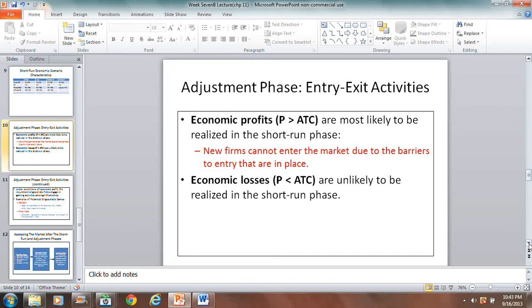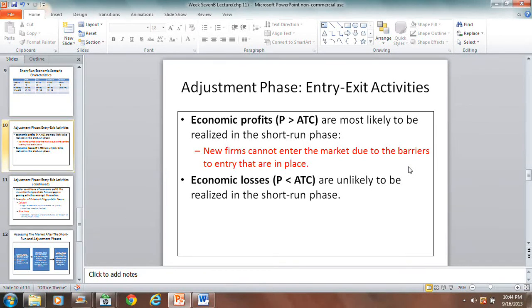Alright, so after the short run phase, with economic profit being the most likely case, it begs the question, how does the industry start to adjust? Well, the first thing we have to ask is, if profits are being earned, can new firms come in? And the answer is no, because there are barriers in place, the same type of barriers as in monopoly: economies of scale, control of resources, maybe even patents that keep competitors out.